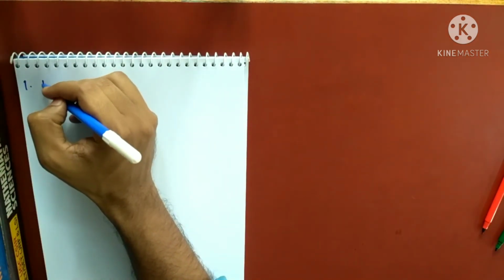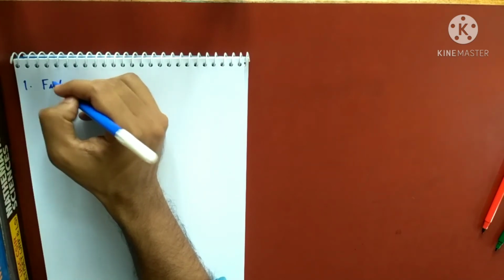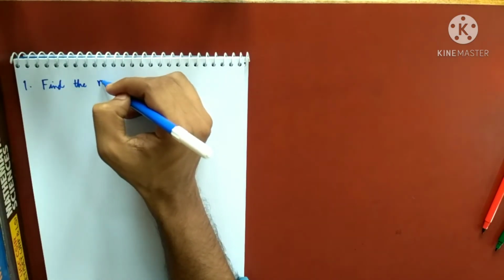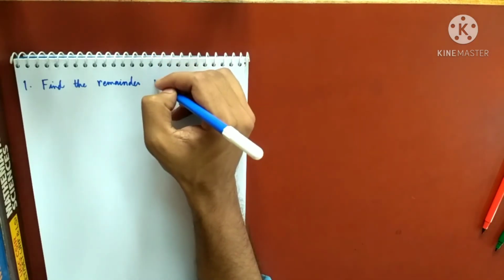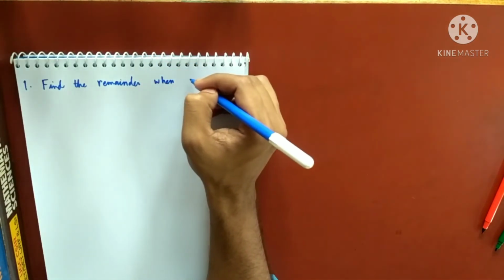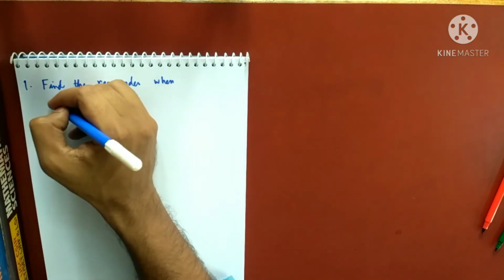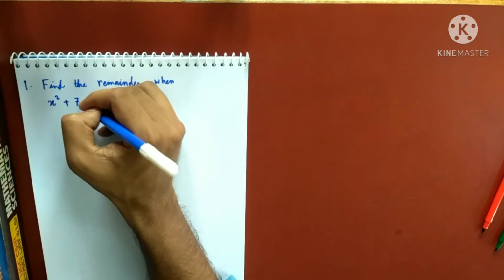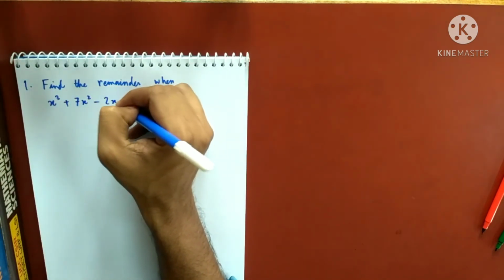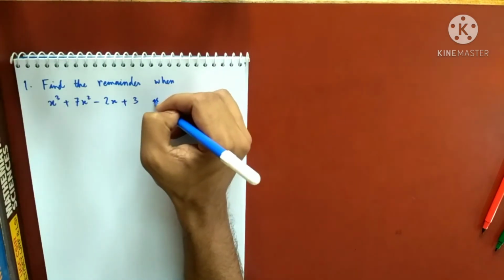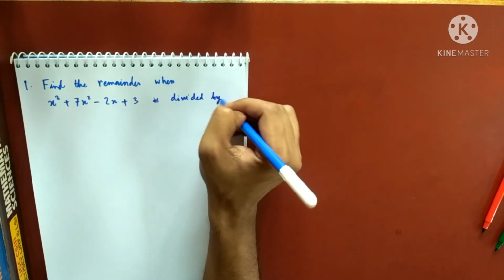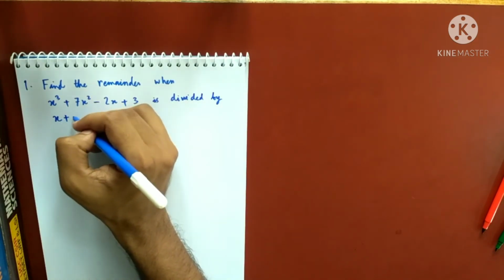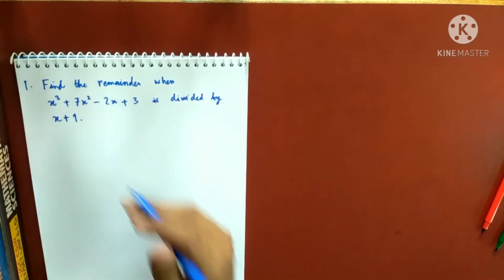The question is, find the remainder when x cubed plus 7x squared minus 2x plus 3 is divided by x plus 1.